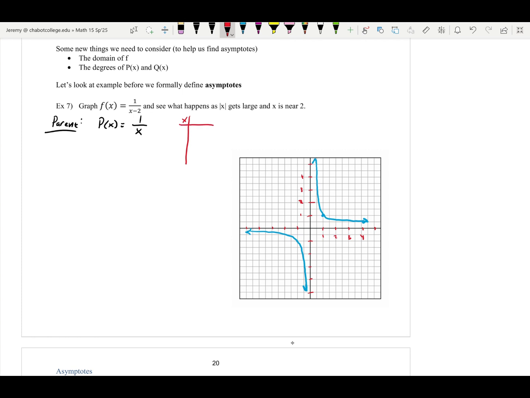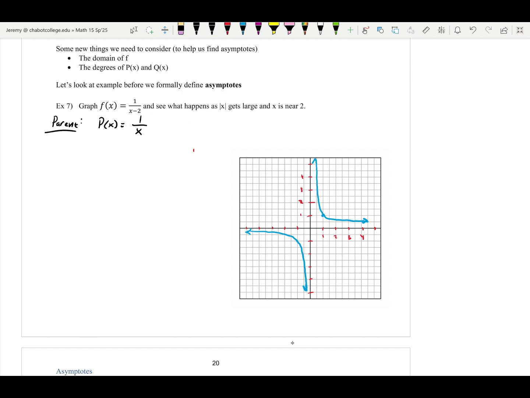Doing a table of values for p of x, you put in 1, you get out 1, you put in 2, it's 1 over 2, put in 3, it's 1 over 3. Put in 1/2, and 1 divided by 1/2 is 2. So anyway, if you are not familiar with this graph or want to understand it better, a table of values is the best way to get to know a function.